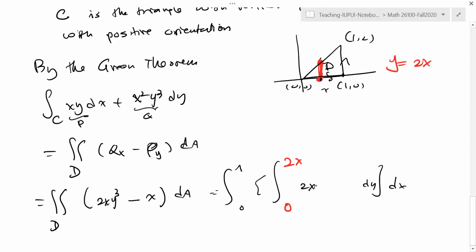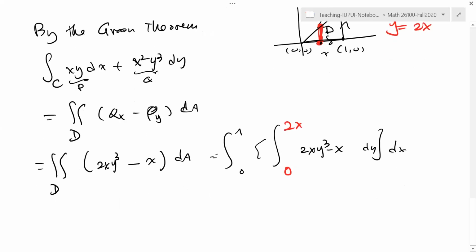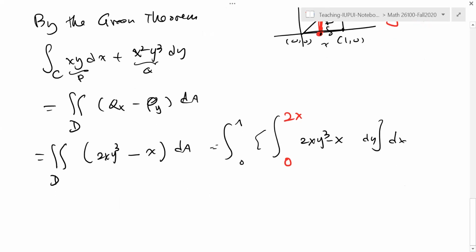So it'll be 2xy cubed minus x. And you can evaluate this one by one, right? The antiderivative of this with respect to y is 1/2 of x y to the 4th power. Let's evaluate at the 2 endpoints.